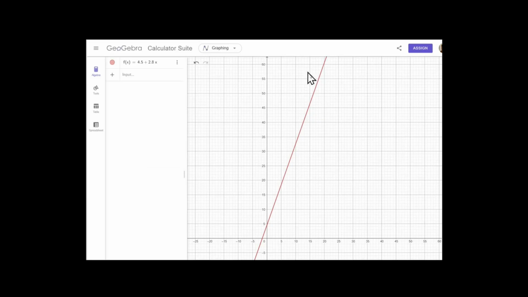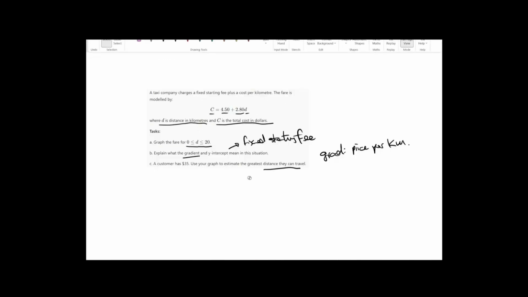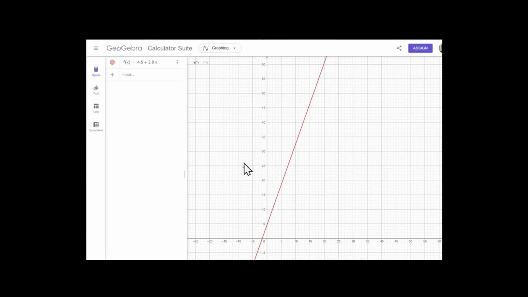The customer has $35. Use your graph to estimate the distance they can travel. We could do that algebraically, but we'll do that graphically. So they have $35. So $35 is here. They want to know how far they can go.